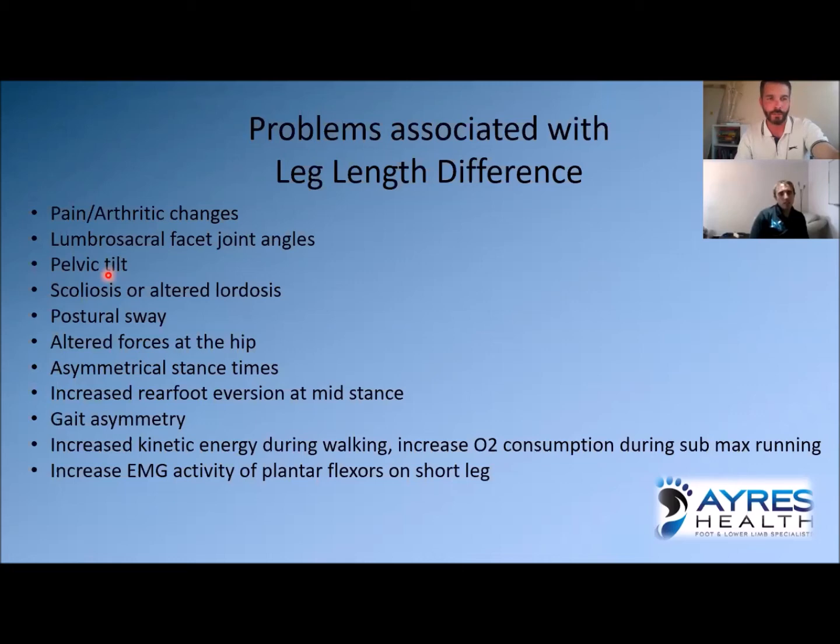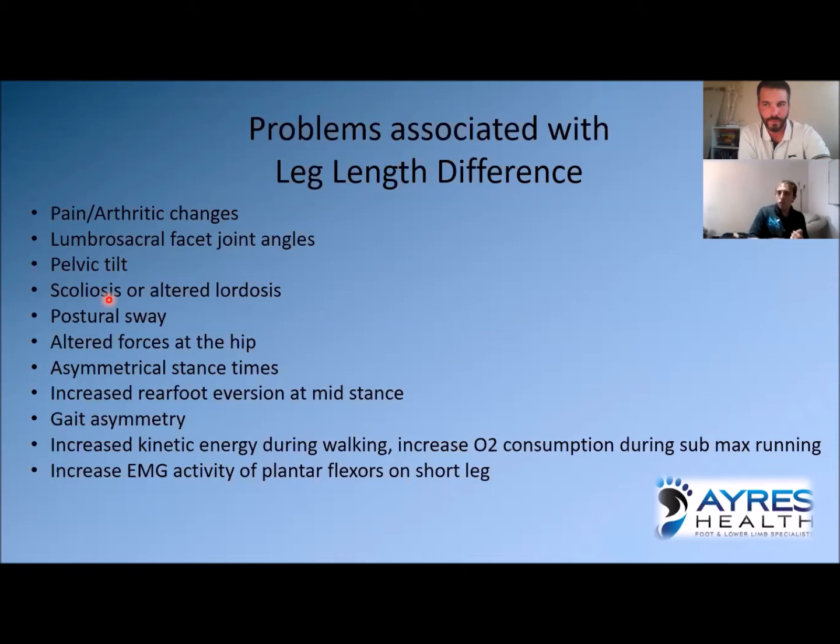So is this why there is a disconnect between the public and the research? Because a lot of the research, if you look at all those, apart from pain, arthritic changes and altered forces, everything else on there is near enough looking at the mechanical effects of leg length discrepancy.